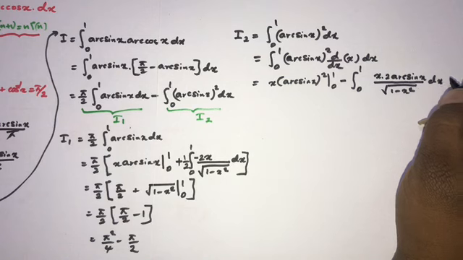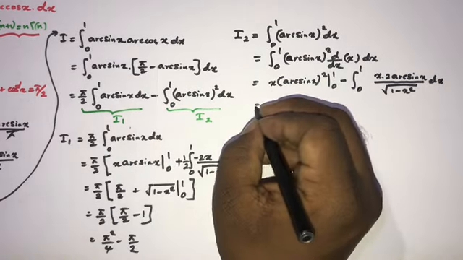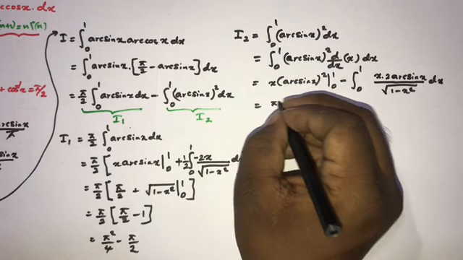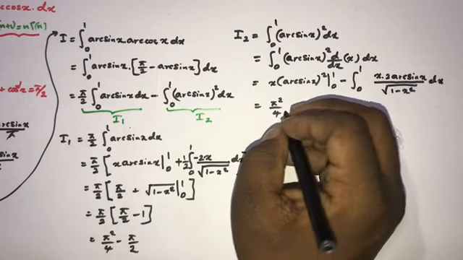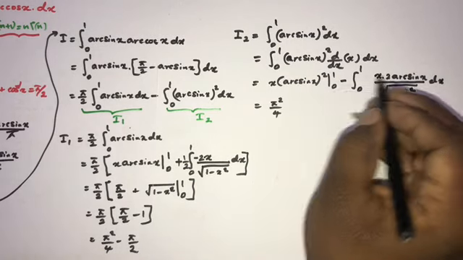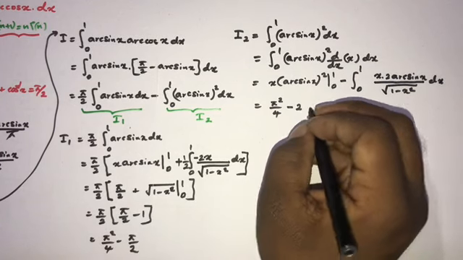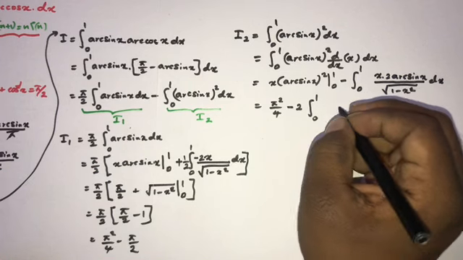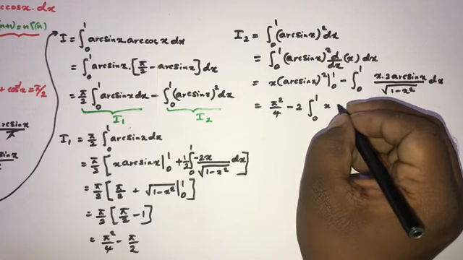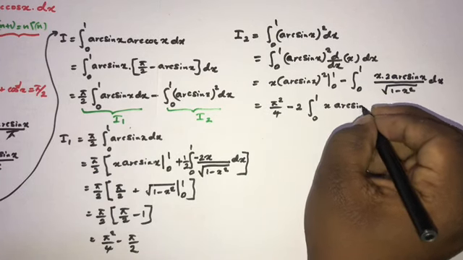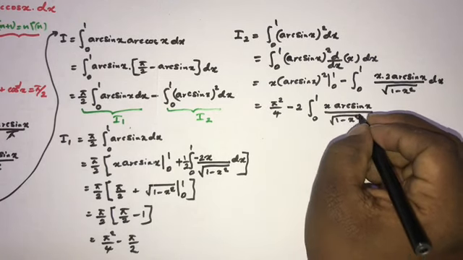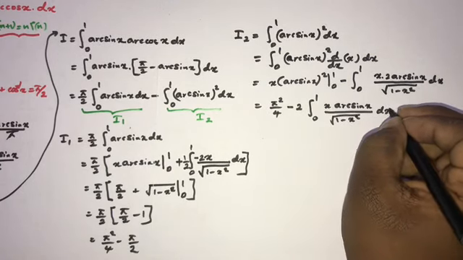Okay, then if we plug in values, this is equal to pi square over 4. Then 2 is a constant, so we can write it outside of the integral sign, and here we have 0 to 1 x times arcsine of x over the square root of 1 minus x square dx.